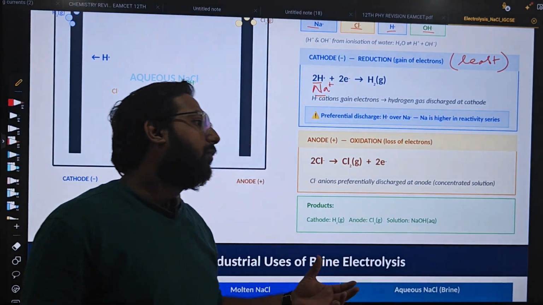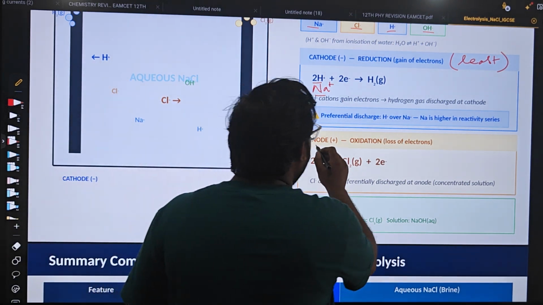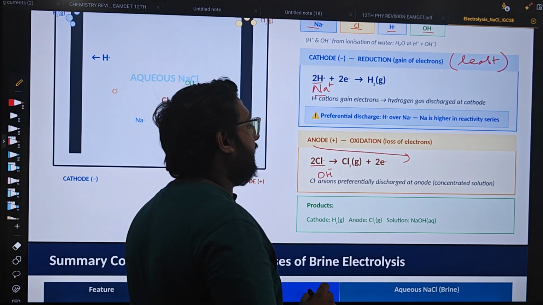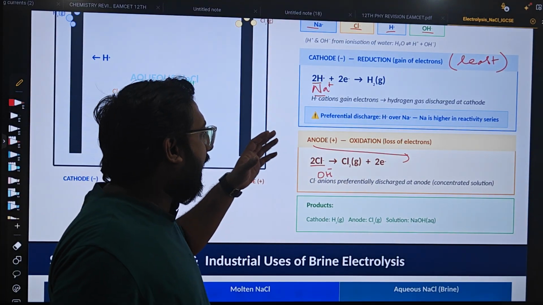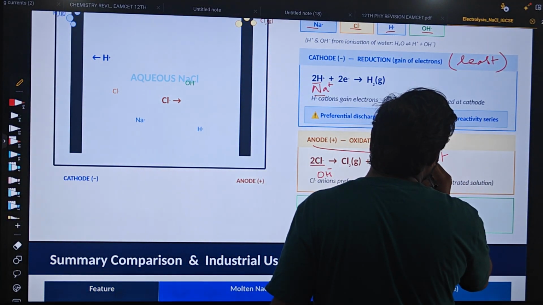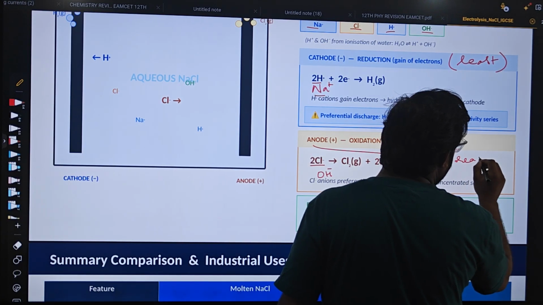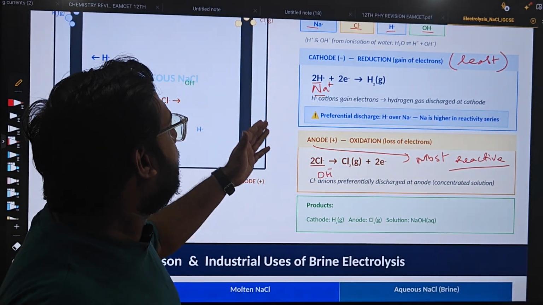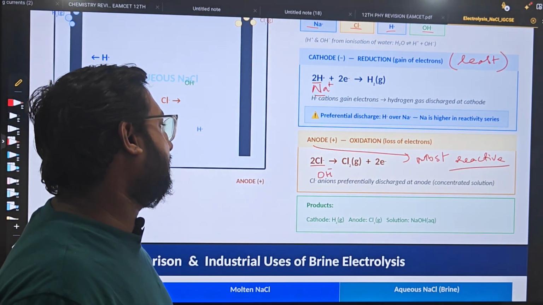Now at the anode, we have Cl- and OH- as well. At the anode, the most reactive gets deposited.